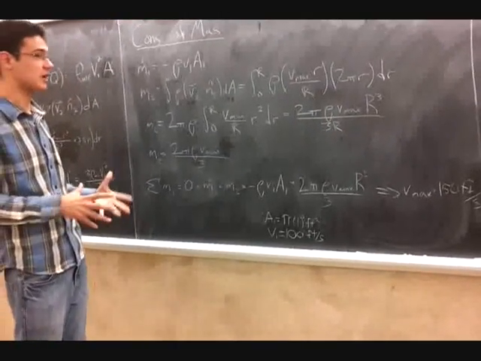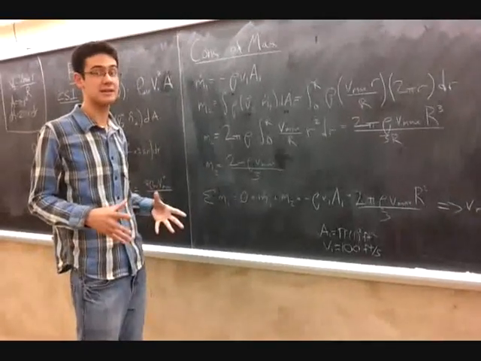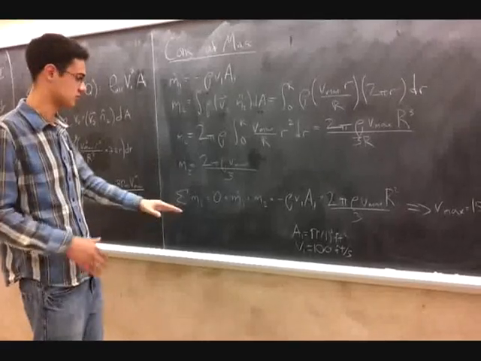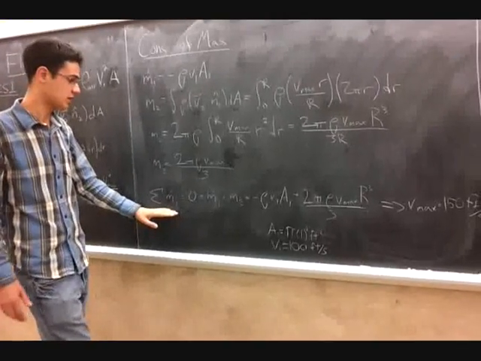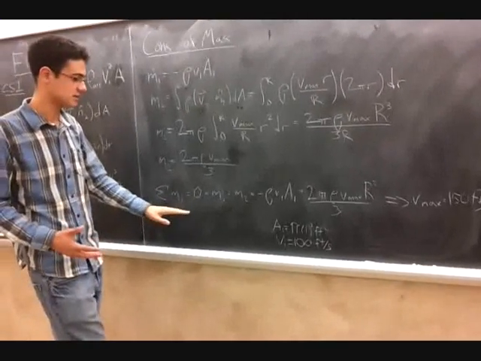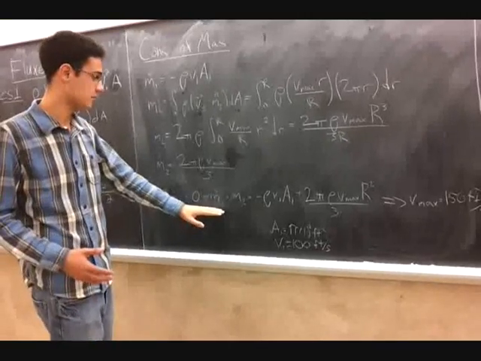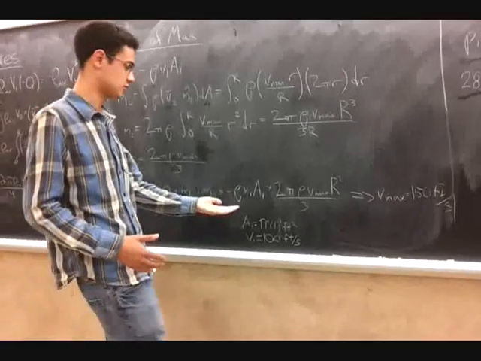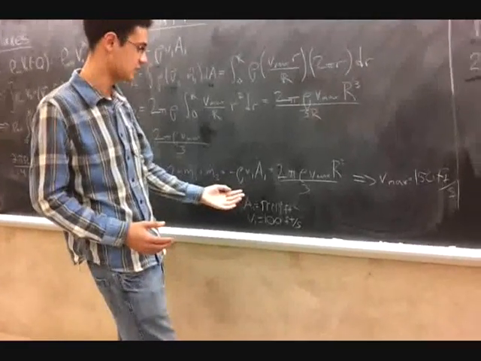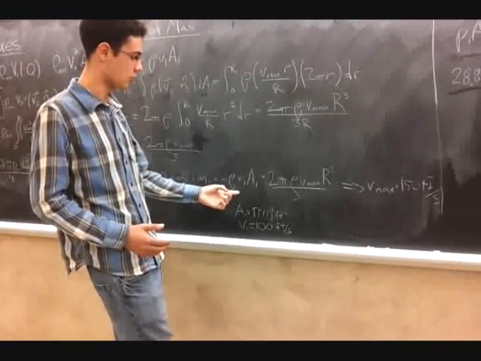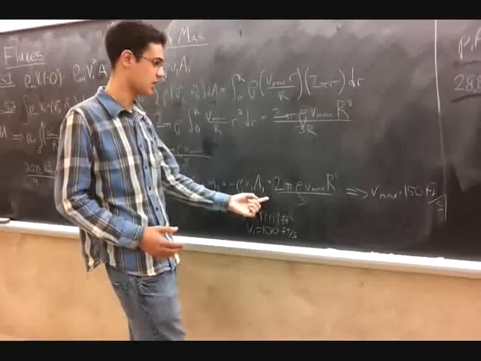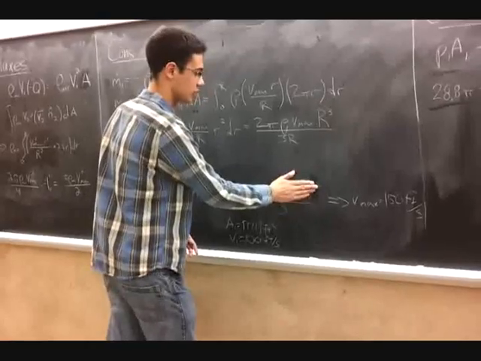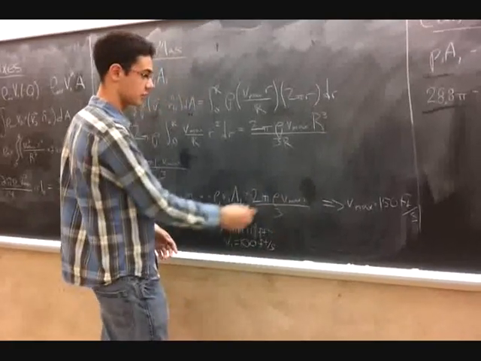And then the whole principle of conservation of mass says that the mass in this problem is not changing. So for the net flow, the sum of the changes in mass is 0. We just sum the m dot 1 and the m dot 2, and we're able to derive this equation: negative rho v1 times a1 plus 2 pi rho Vmax times 1 over 3.